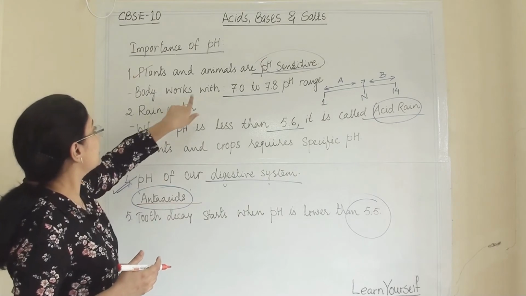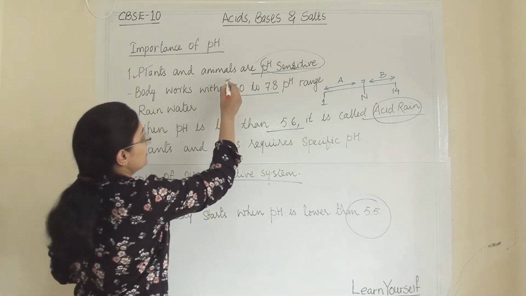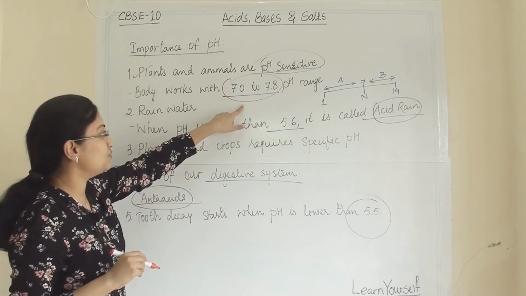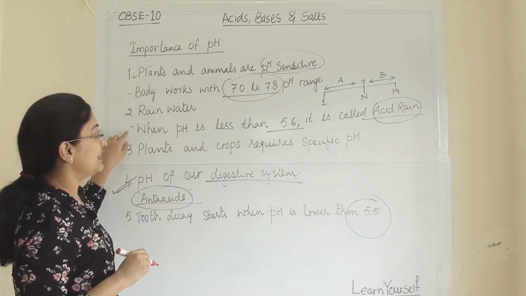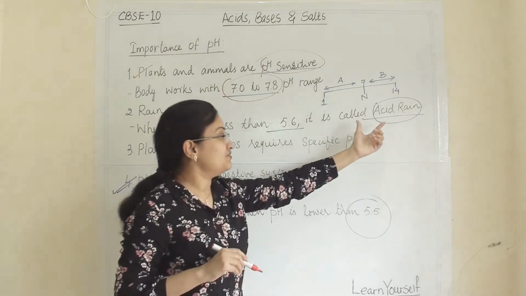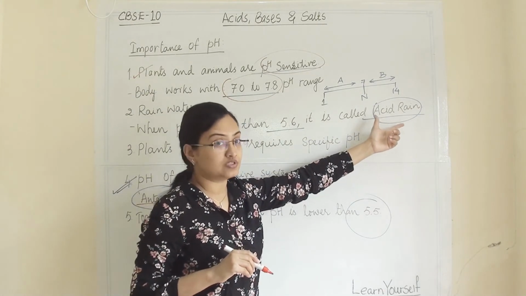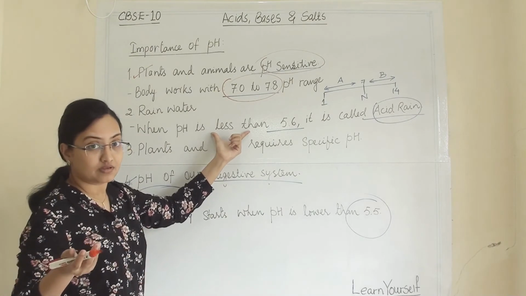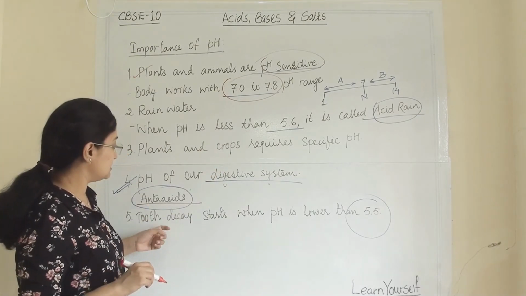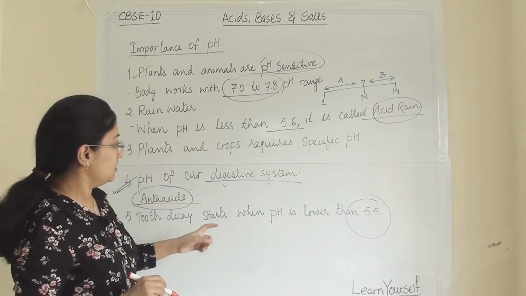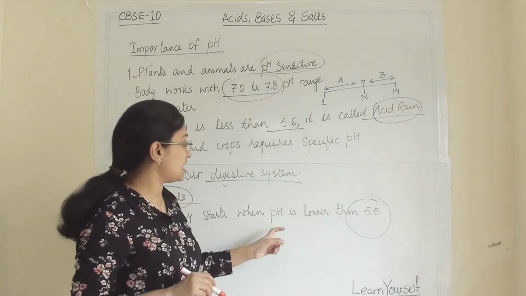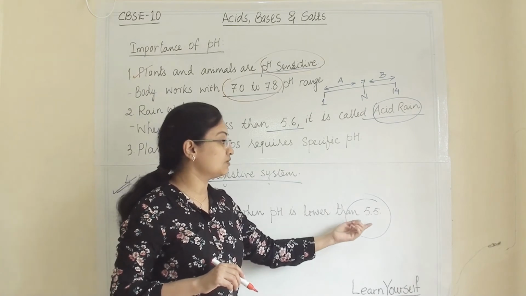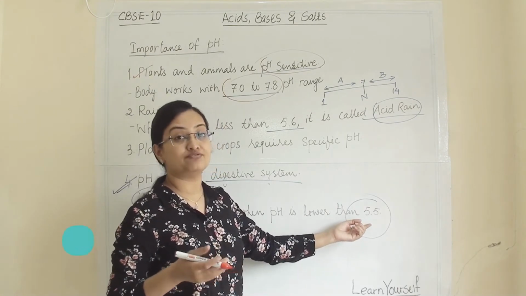Another question will come for 1 mark, that our body works in which pH range. Then how acid rain is harmful to the ecosystem, for which a 2 mark discussion can come. At the last, a reason question will come, that tooth decay starts with an acidic range, or tooth decay starts with pH lower than 5.5.